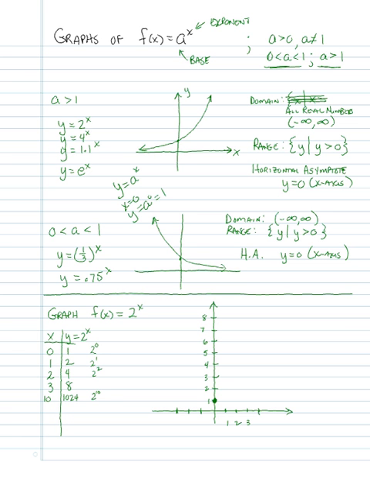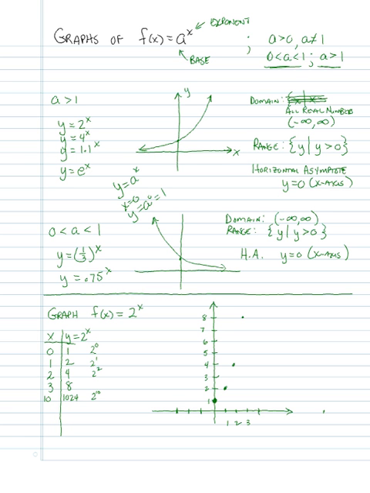So the point where x is 0 and y is 1 is on every one of these graphs, isn't it? Okay. Now when x is 1, y is 2, so that's this point. And when x is 2, y is 4, so that's this point. And when x is 3, y is 8, and that's this point. And of course, if I went out here to 10, maybe about here, y would be 1,024, so it's very, very high very quickly.